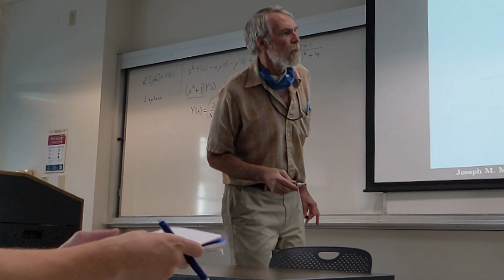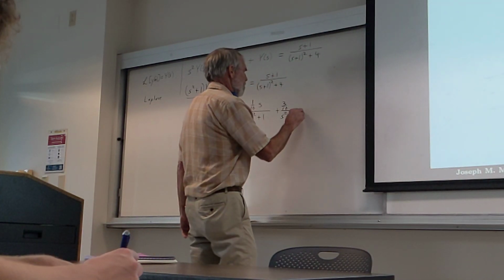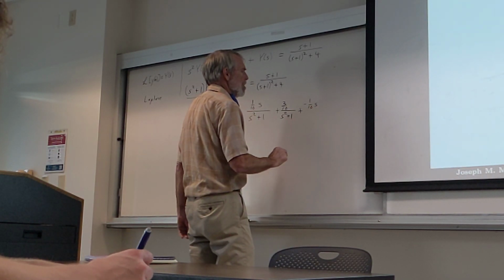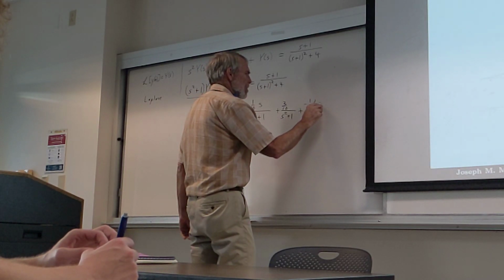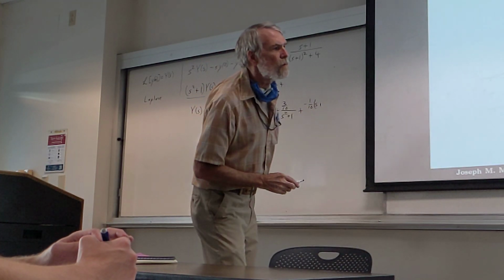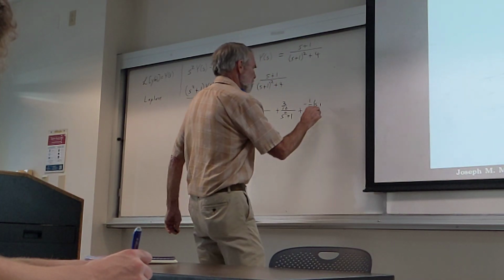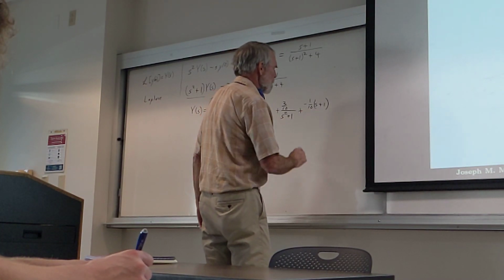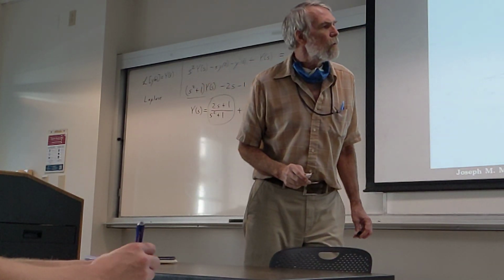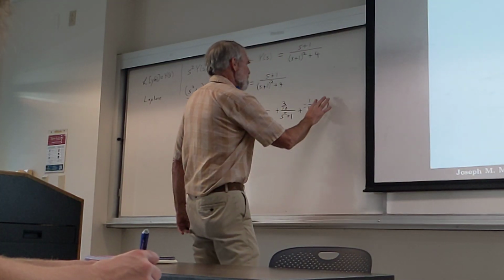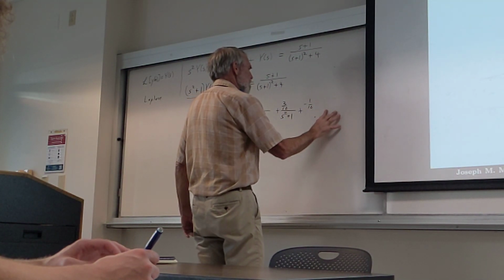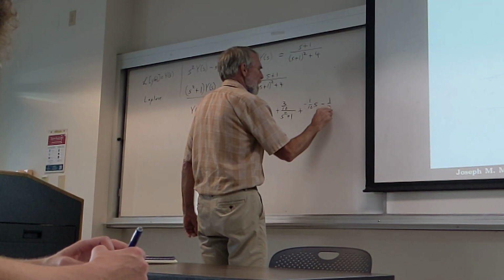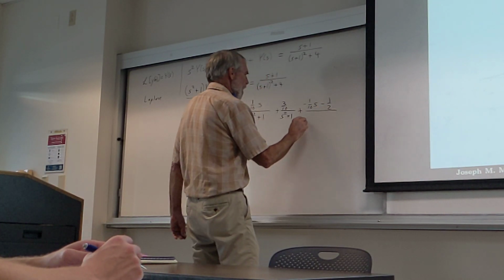And we're going to get minus 1/10 times s plus 1, minus 1/2, all divided by this.